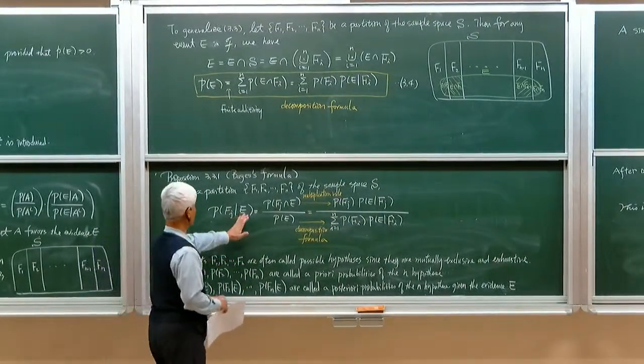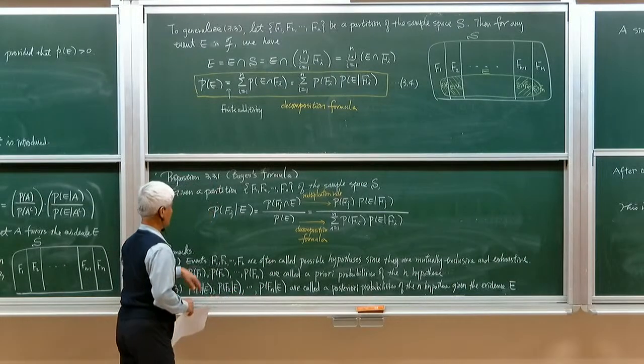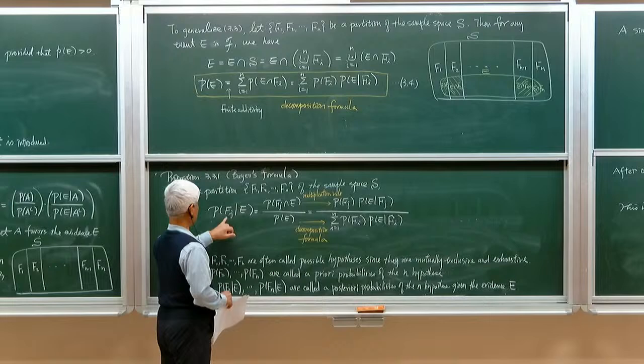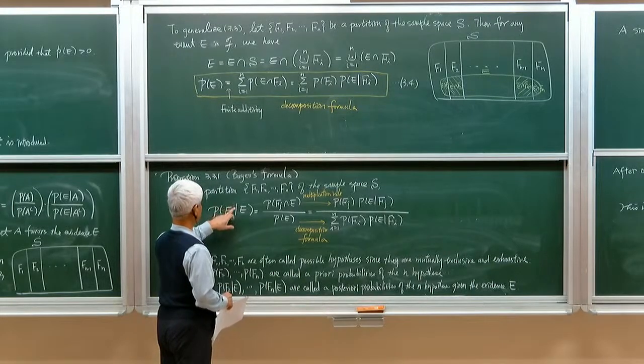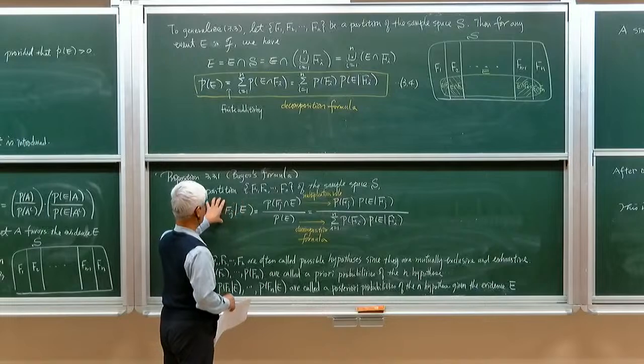Based on the received signal, people try to find the conditional probability of the j-th signal transmitted, given that the signal E is received.